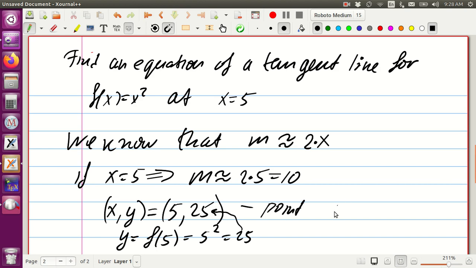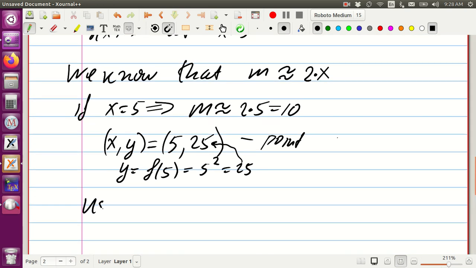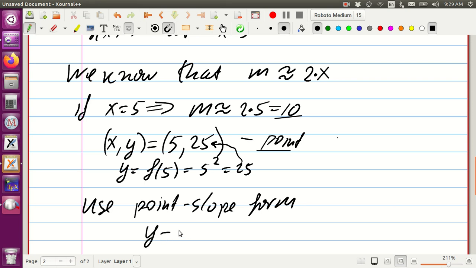So we can use point-slope form. Why point-slope form? Because we have a point and we have a slope. That's straightforward. Let me remind you the form: y minus y1 equals m times x minus x1, where x1, y1 is any point.